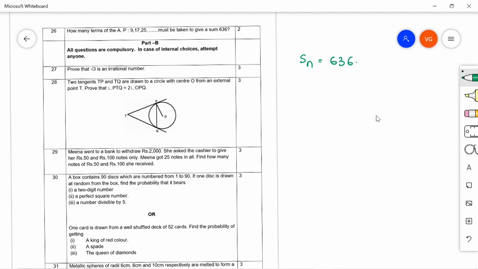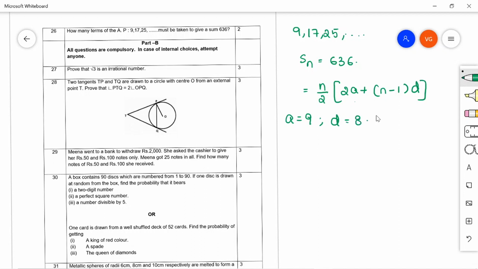So the formula is n by 2 into 2a plus n minus 1 into d. Here a is the first term in the AP. So the AP given is 9, 17 and 25 and so on. So a is equal to 9 and d is the difference, 17 minus 9, you take it as 8. n we have to find out.